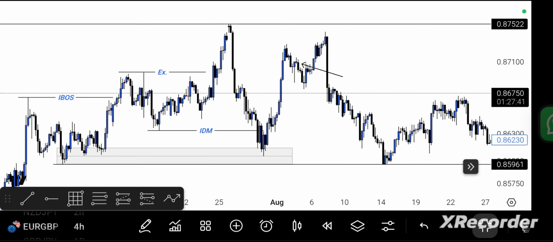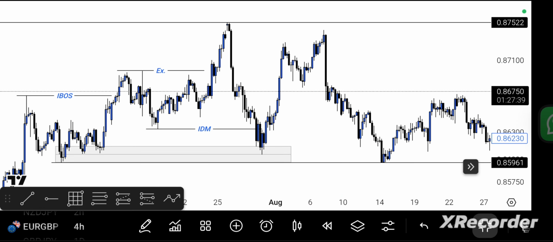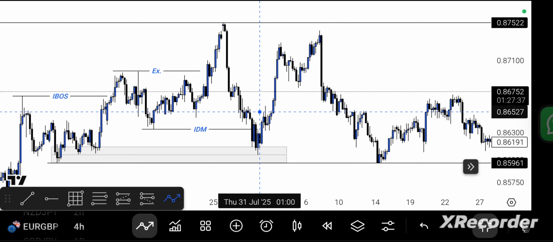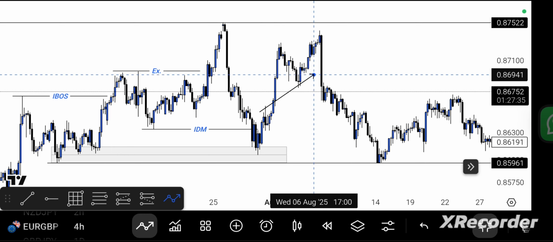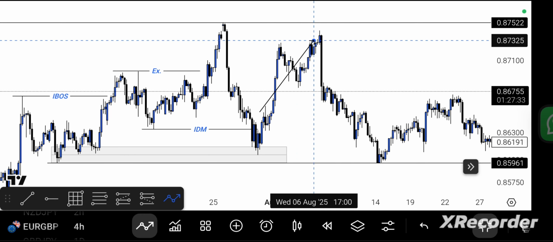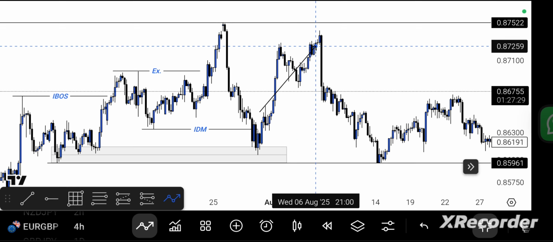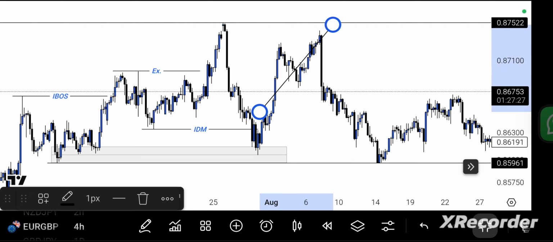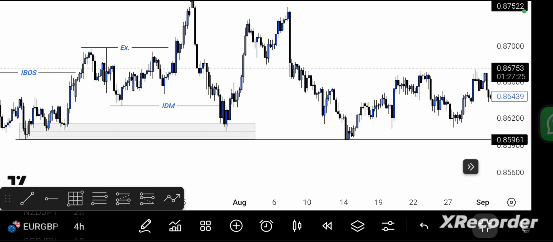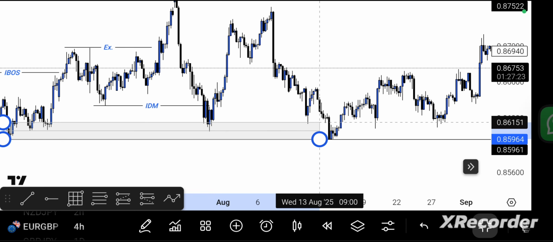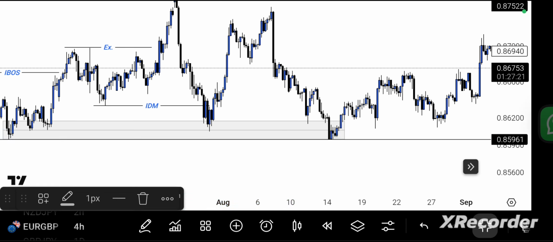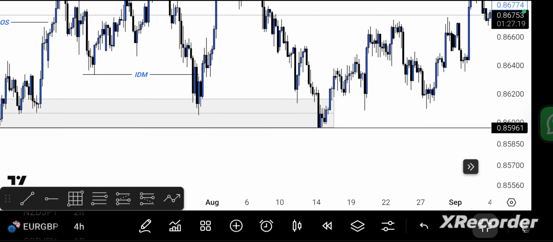But we notice that the market was unable to take out this high, and came back down. So we are still sticking with our buy bias. This is a top liquidity here for the market to take out. So we found out that the market came back to the order block, but didn't create a change of character.